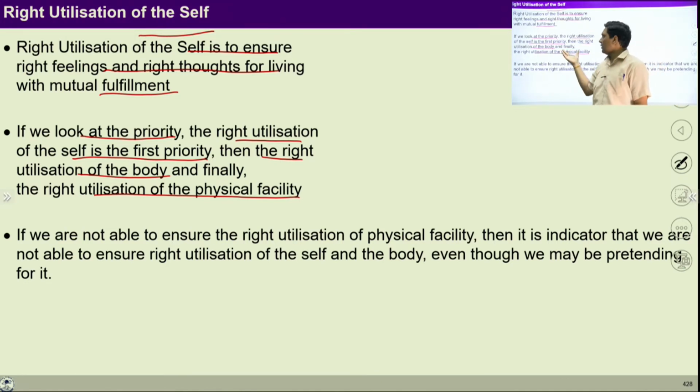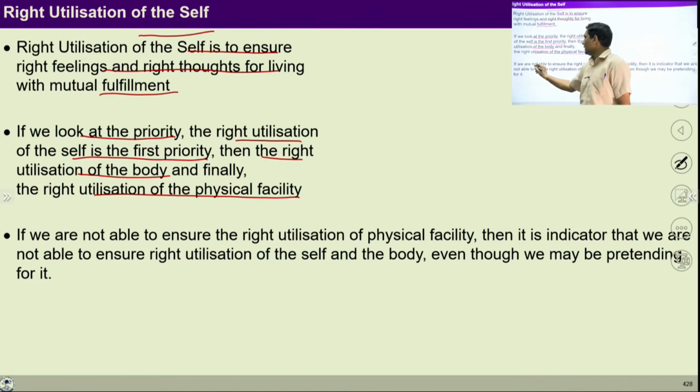And if each one of us ensures right utilization of the self, body and the physical facility, it will ensure enough physical facility for everyone, and there would be a possibility to live with a feeling of mutual prosperity, with the feeling of mutual happiness.